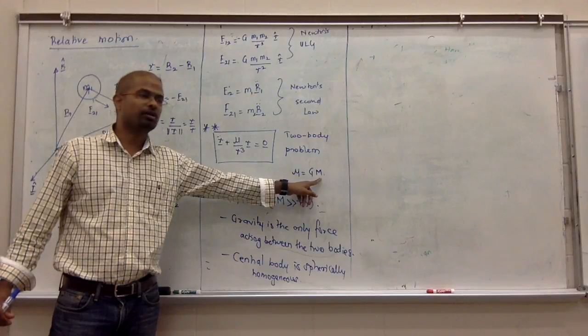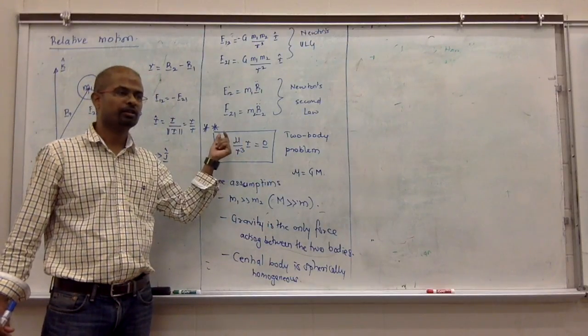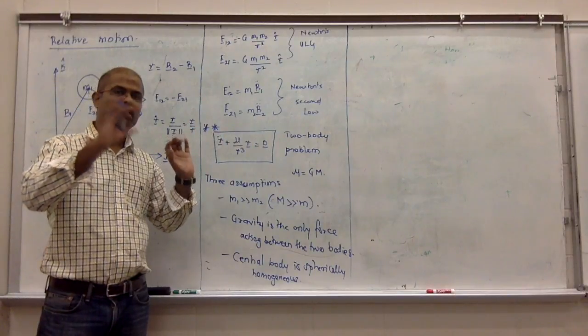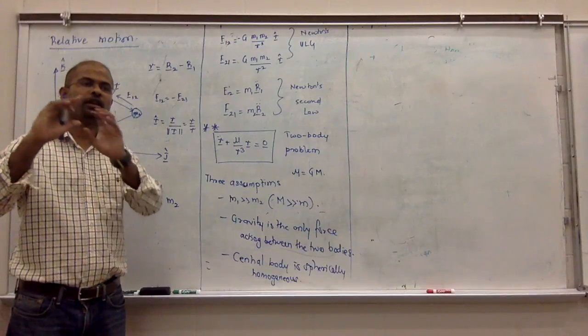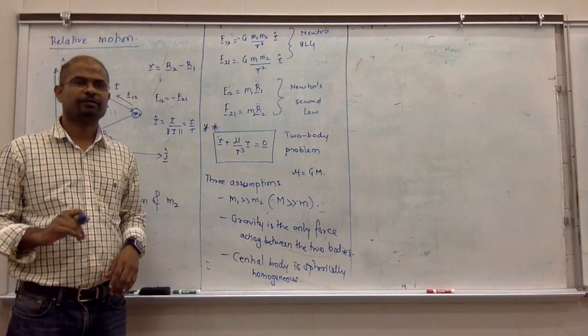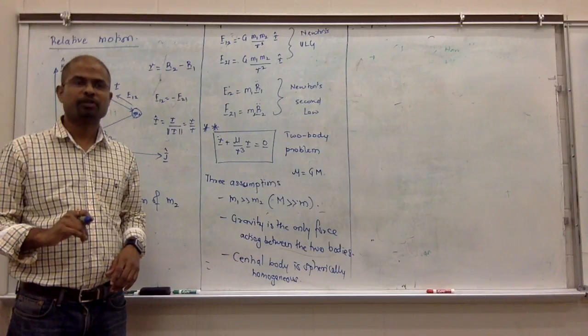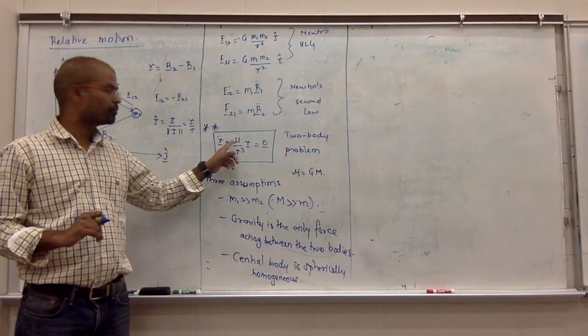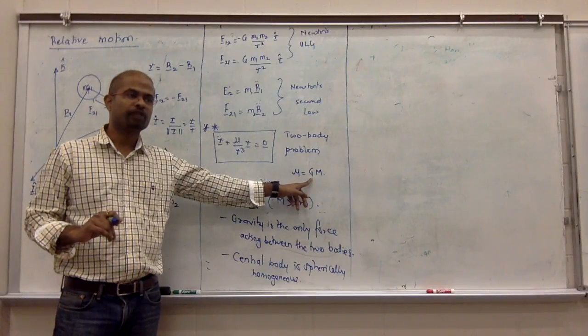Is this mu going to be the same if you take Earth and Moon, Earth and space station? It will be the same, because this mu relates to the central body, the gravitation of the central body.